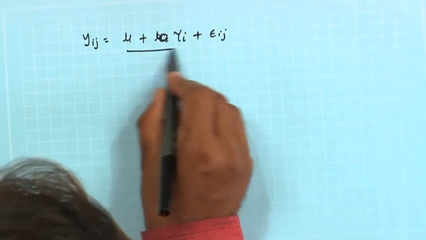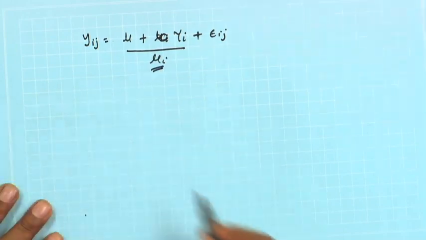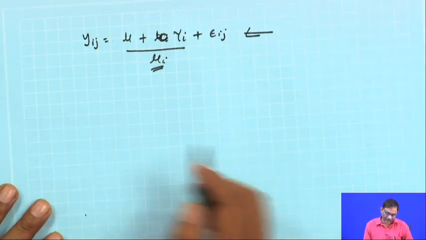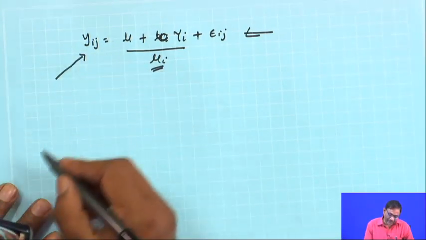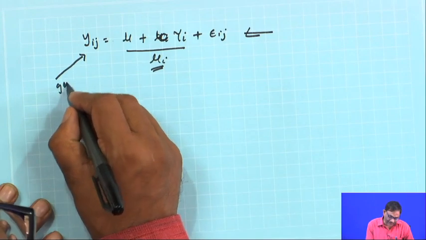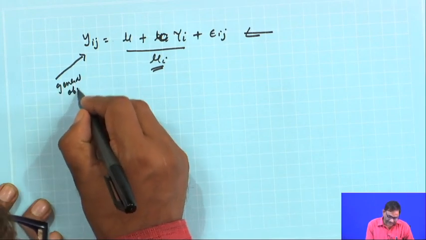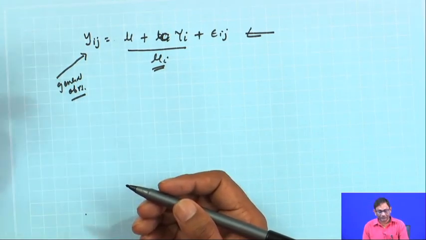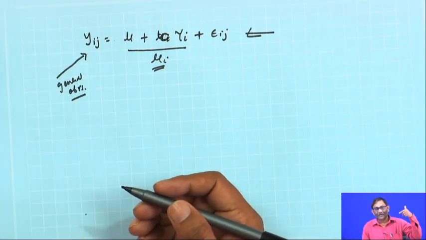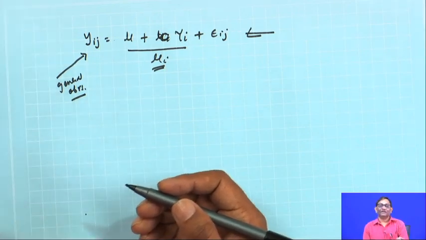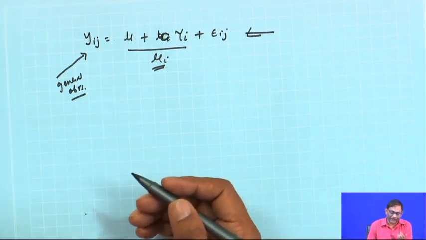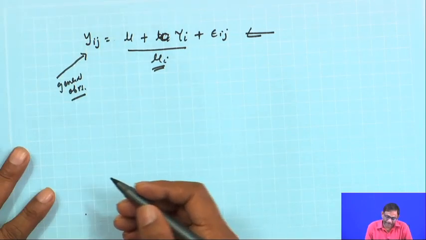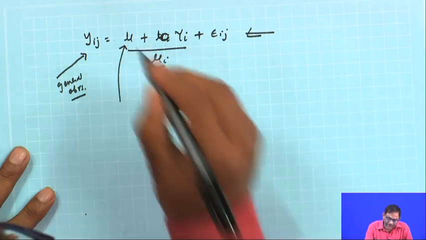So, mu plus tau i is basically mu i, that we can also write, but we will start with this mu plus tau i. What is y i j? This is a general observation. What does general observation mean? It means the response value for the jth observation at the ith experiment level, or the experiment at the ith level of factor A.